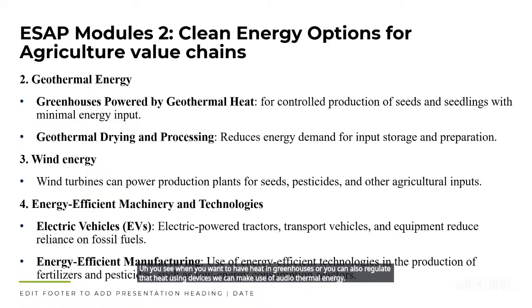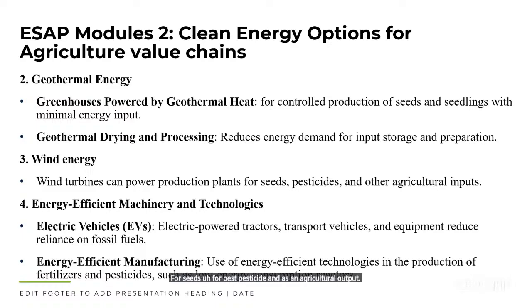As I pointed out before, geothermal can also be used for drying and processing product. We can use wind energy as well when it comes to producing energy, and to have a wind turbine which can power a production plant for seeds, for pesticide and other agricultural output.